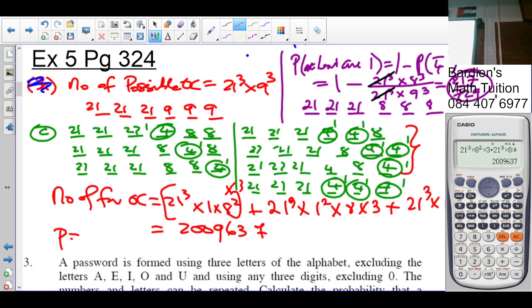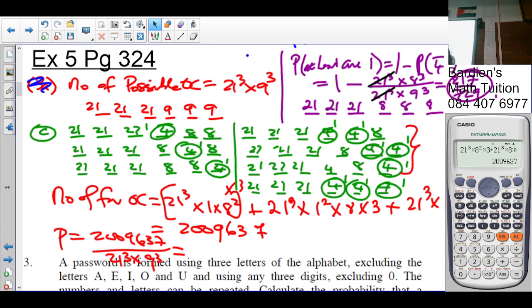So for your probability, the number of favorable outcomes, which is 2,009,637, over the number of possible outcomes, which is 21 cubed times 9 cubed. So it should be the answer over 21 cubed times 9 cubed, which is 217 over 729.